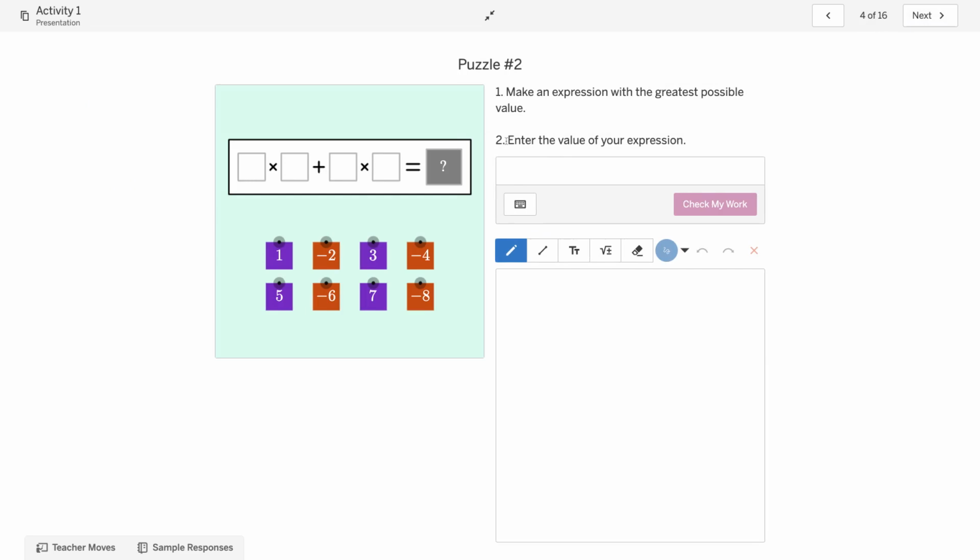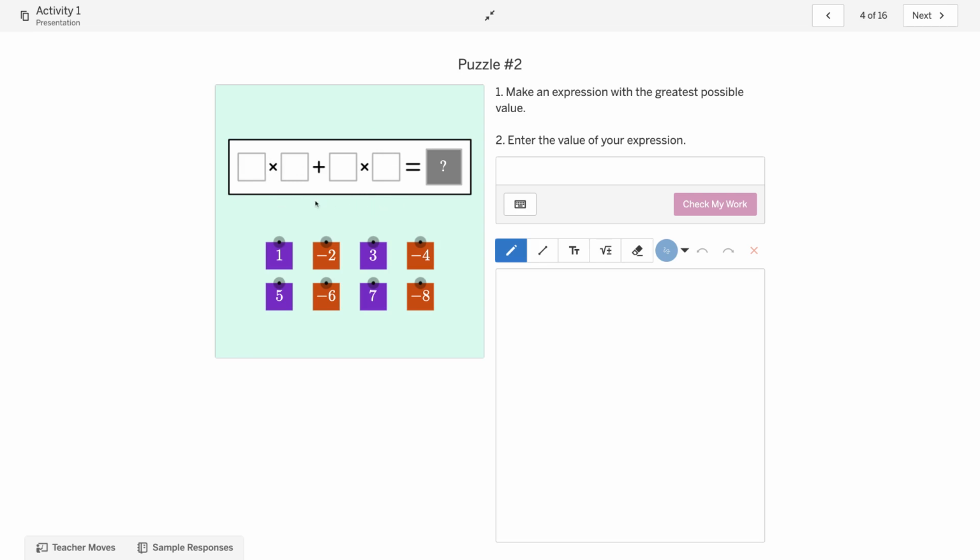It says make an expression with the greatest possible value. So what I see here is I'm multiplying two numbers together, and then I'm going to add them. So if I want the greatest possible number, I need numbers that, when I multiply them, will give me a positive, and then I add two positives together.